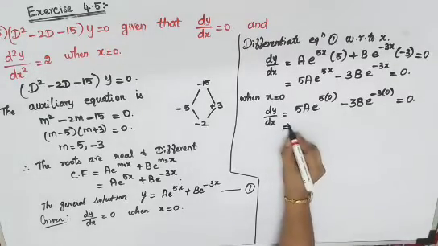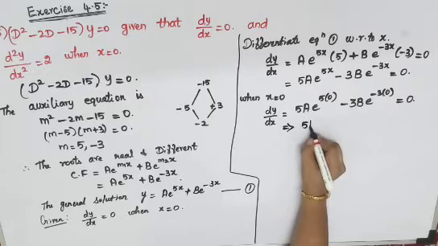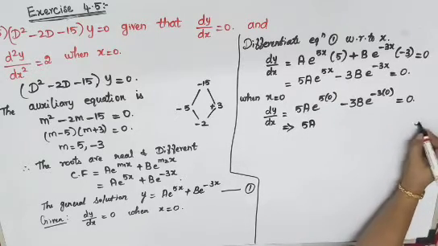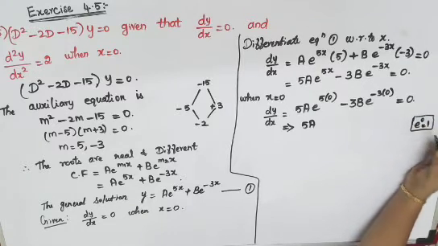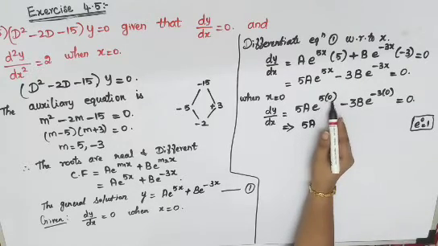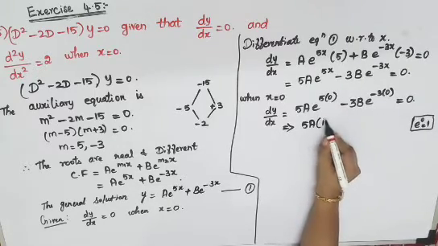Which implies 5a e power 0, and anything to the power 0 is 1, so e power 0 is 1.